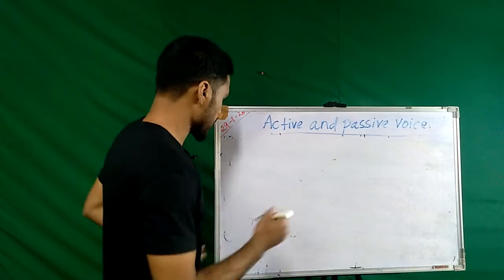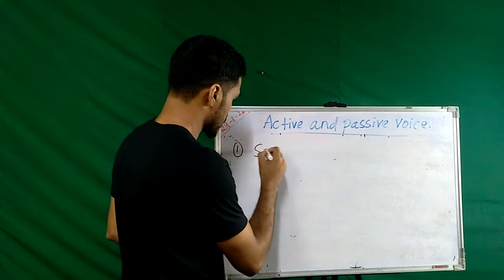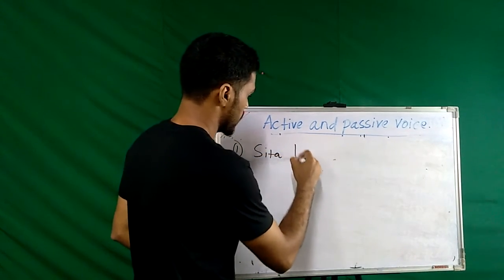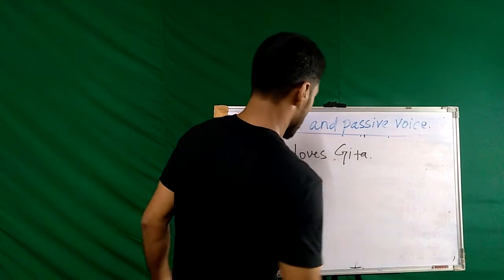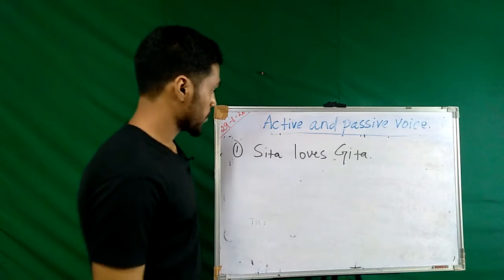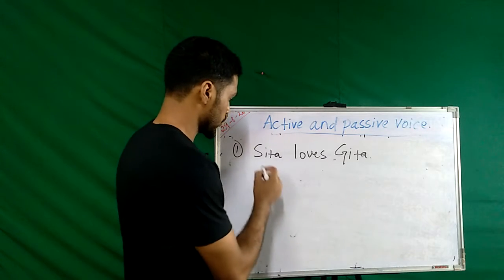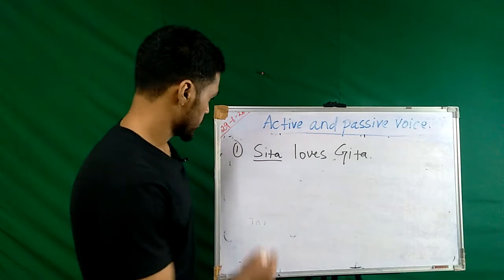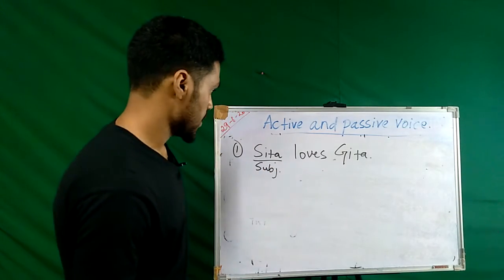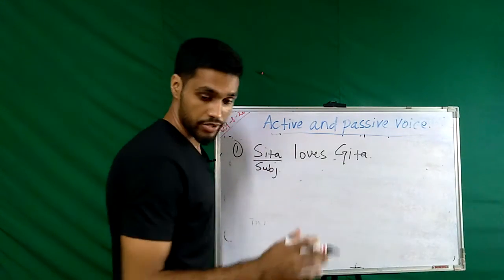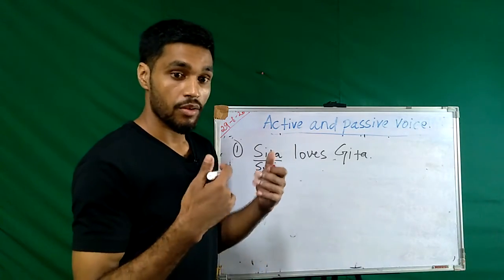So let's take a simple example like Sita loves Gita. We already know what a subject is. Sita is the subject in the sentence, and the first step is finding out the subject, object and verb.